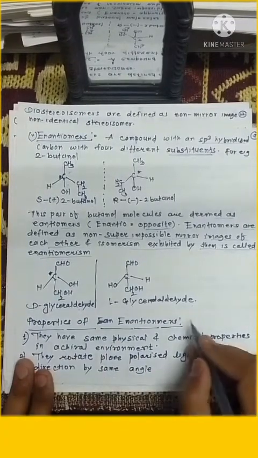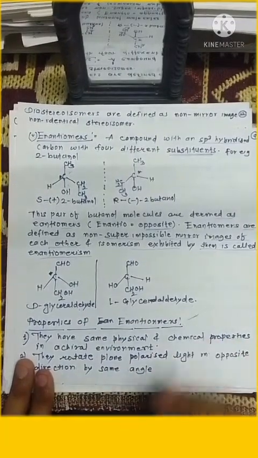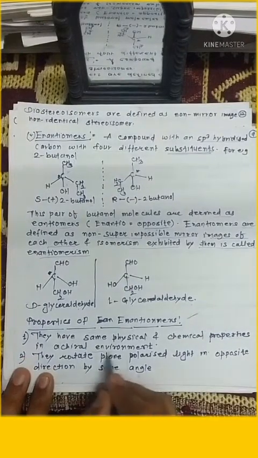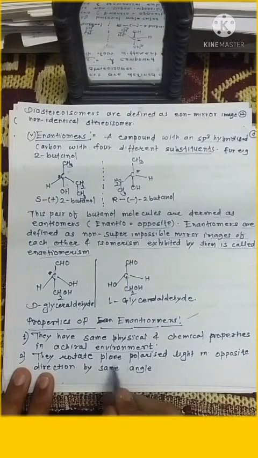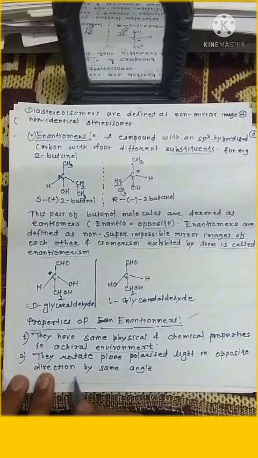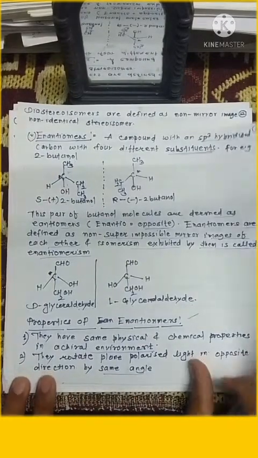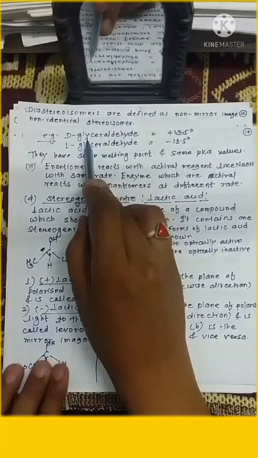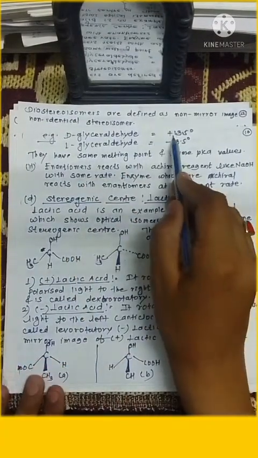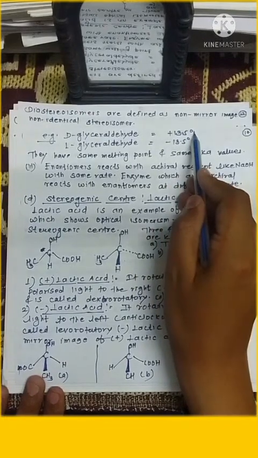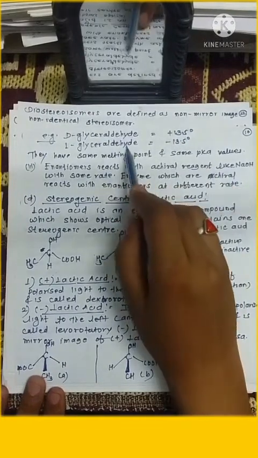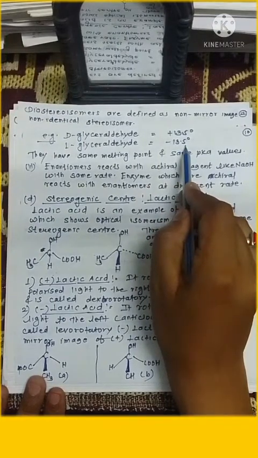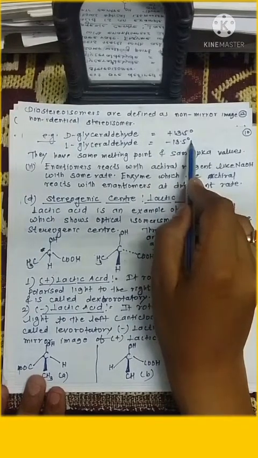Now we are going to see the properties of enantiomers. They have the same physical and chemical properties in an achiral environment. They rotate plane polarized light in opposite directions by the same angle. For example, D-glyceraldehyde gives plus 13.5 degree rotation, while L-glyceraldehyde gives minus 13.5 degree rotation.